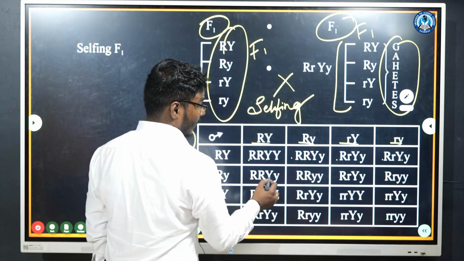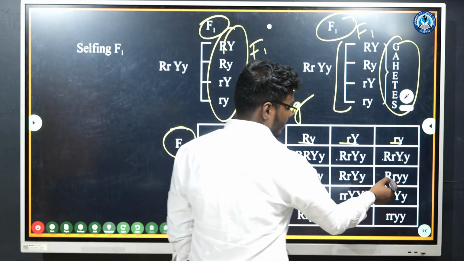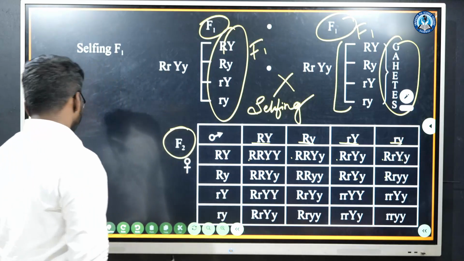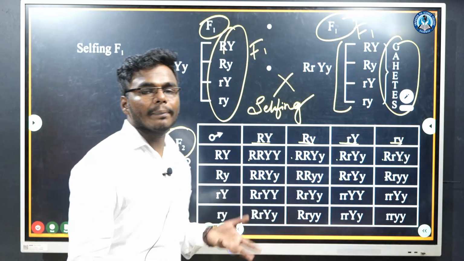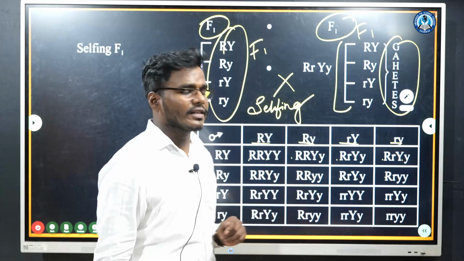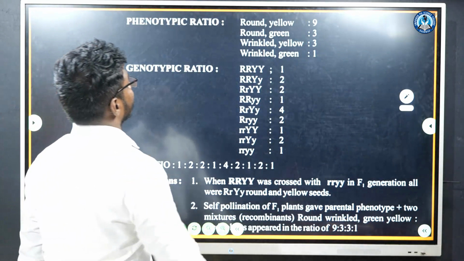It is round yellow, round green, round yellow, round green. So it continues. We can easily put up the genotypic ratio and the phenotypic ratio by looking at this Punnett square. So let us see the phenotypic ratio.